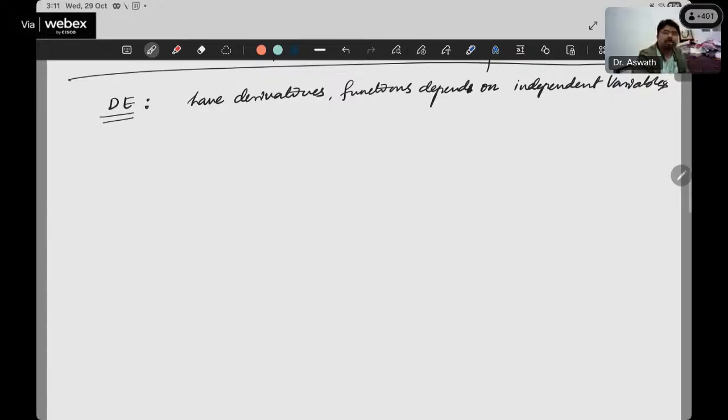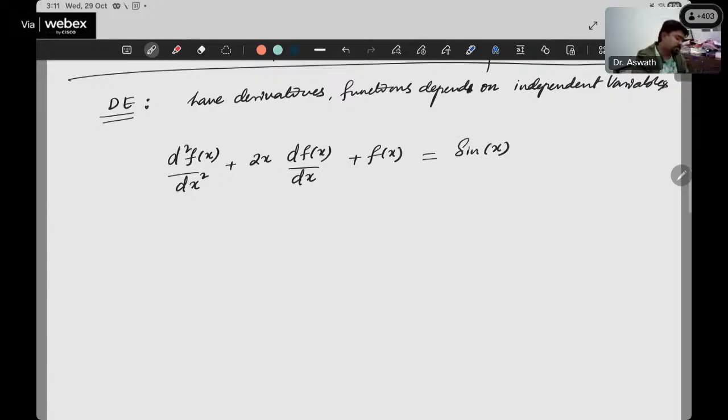Let's take a simple example and try to understand them. Let us take the second order derivative of some function f of x, and it also has the first order derivative and the function itself, which is equal to some sine of x. So this is an example differential equation.